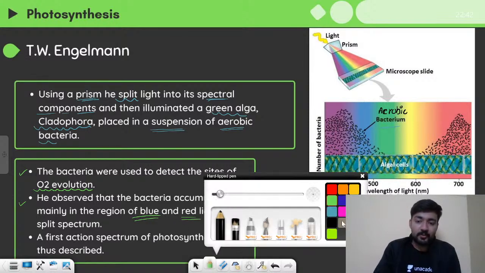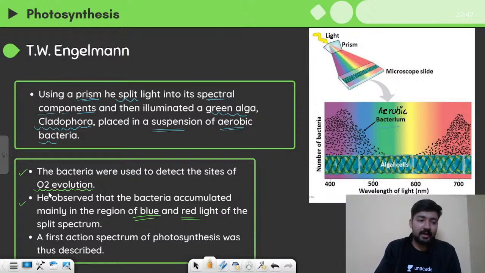This is the main observation of the whole experiment, that most of the bacteria were found in the bluish part and in the reddish part of the whole spectrum, which means most oxygen is produced in these regions and the plant is most active at these particular wavelengths.